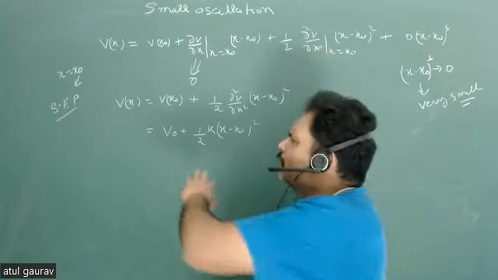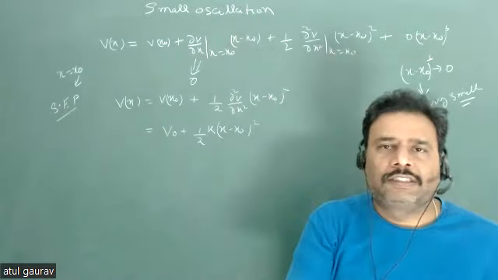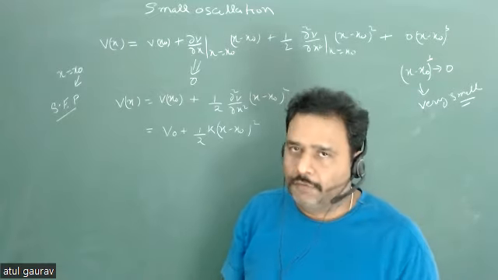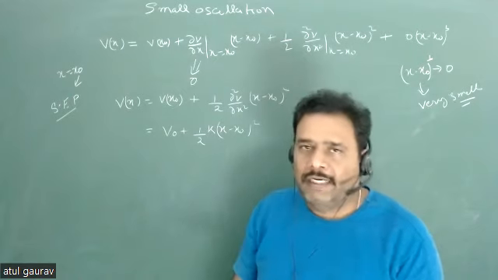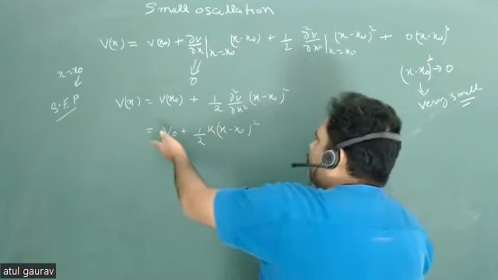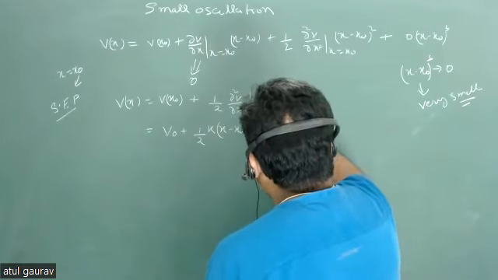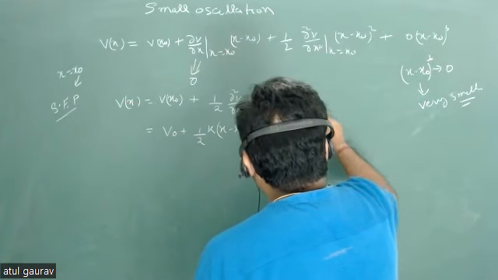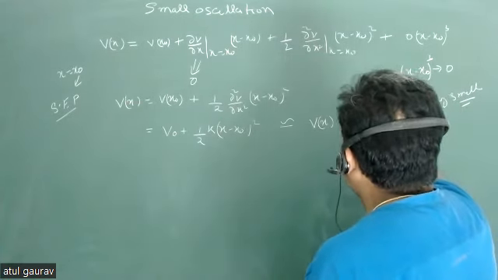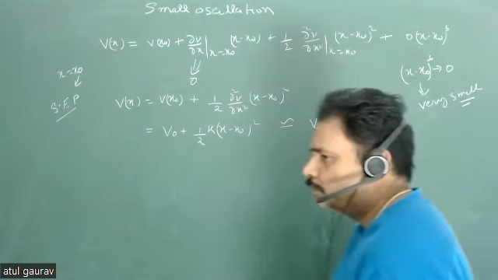If a constant potential is there, it is added to or subtracted from the potential, and has nothing to do with the force, because a constant potential has the effect of zero force. So for our convenience, we can assume this will be 0, and I can approximate my potential as half k (x minus x naught) whole square.